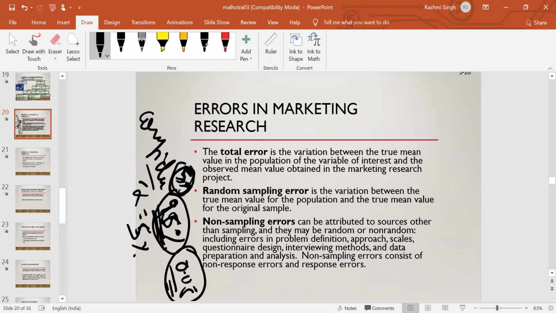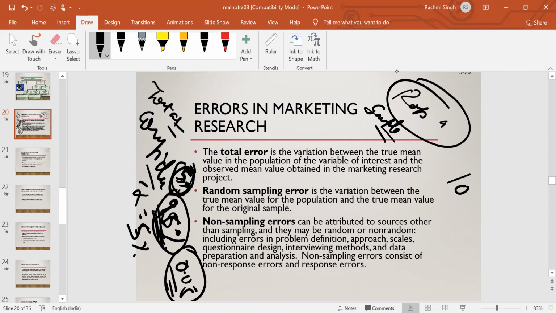So total error is the variation between the true mean value in the population of the variable of interest and the observed mean value of the score. Total error is basically what you're supposed to have from your population and what you actually get for your sample. If I say the average income of people in my population is 10 rupees, let's say, and for my sample, let's say it comes to 8 rupees, so there is a difference of 2 rupees.